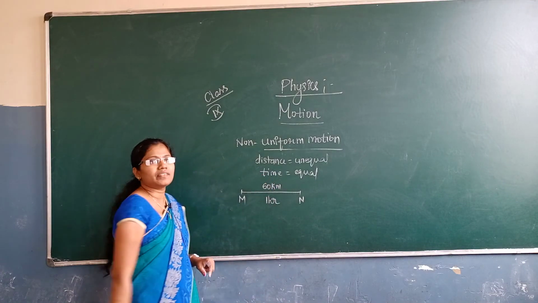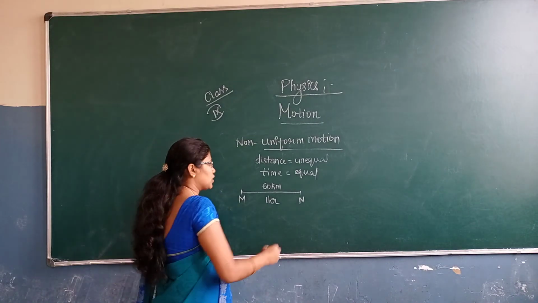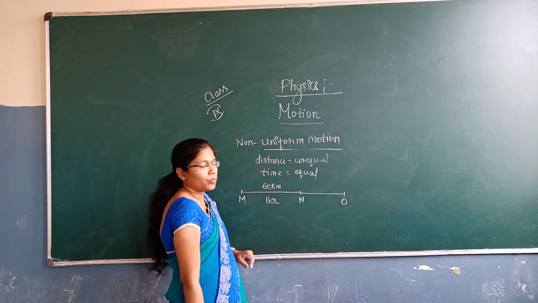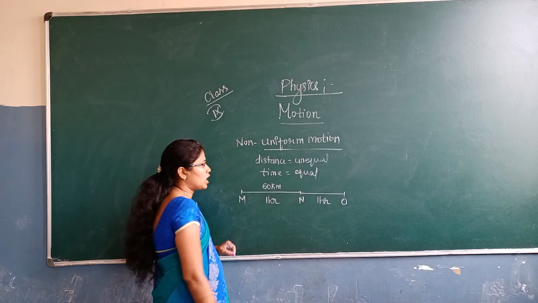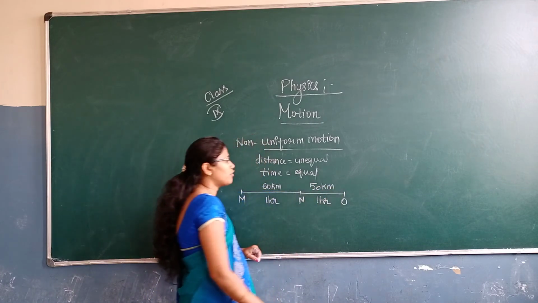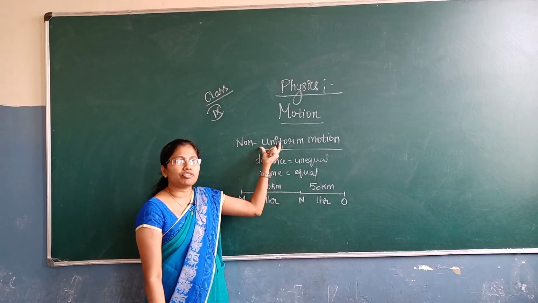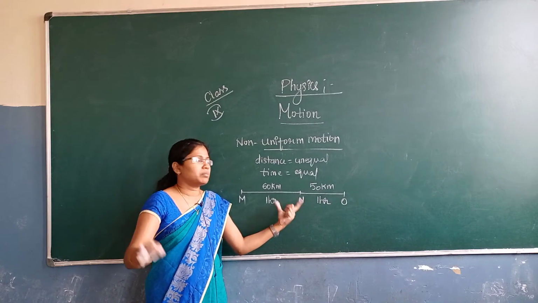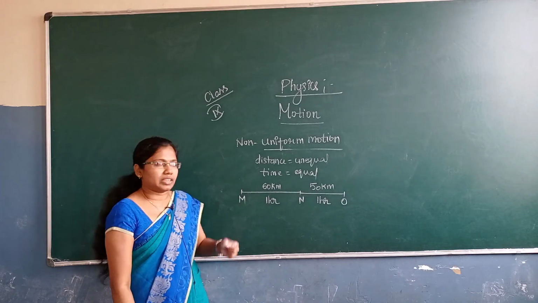In that 1 hour, it has covered a distance of 60 kilometers. Then to move from point N to point O, again the time taken by the object is 1 hour, but this time it has covered a distance of 50 kilometers because it is a non-uniform motion. So in non-uniform motion the time will be the same but the distance covered will be unequal, right?